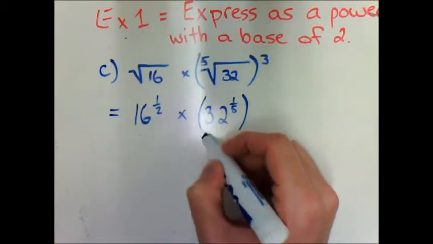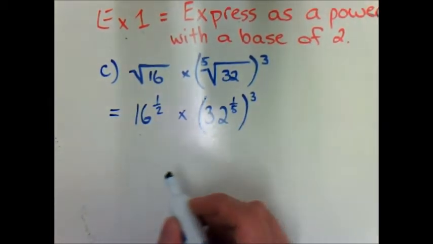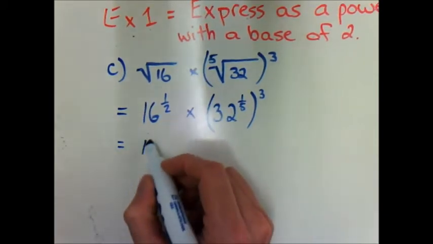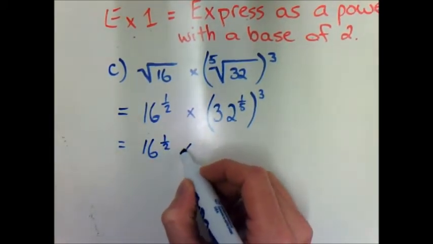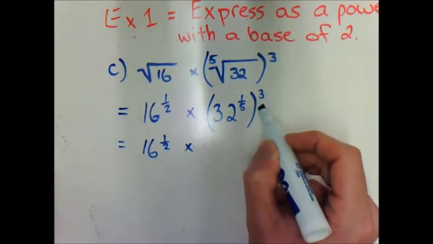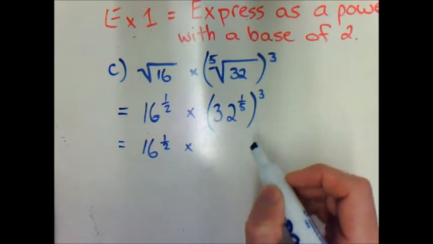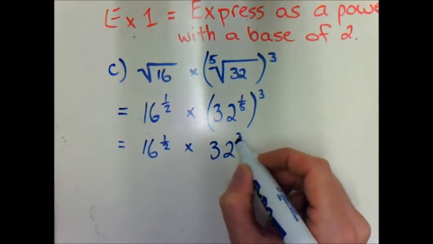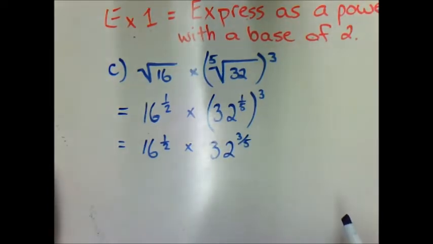And then we still have that whole thing to the power of 3. And like last example, the power of a power rule tells us that 32 to the power of 1/5 to the power of 3, we just have to multiply the exponents. So this is going to end up being 32 to the power of 3/5.